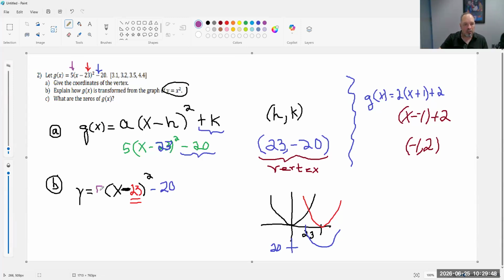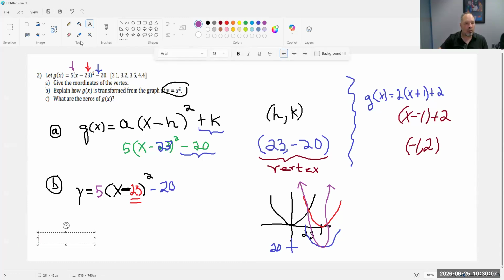And then the final thing that's happening is this 5 over here. And what it's doing, it is stretching the curve vertically. So it's a vertical stretch.